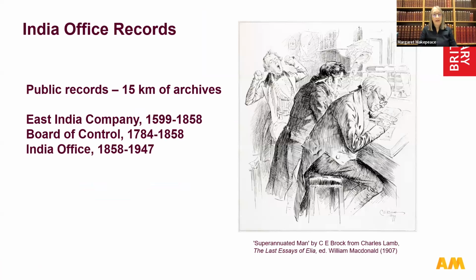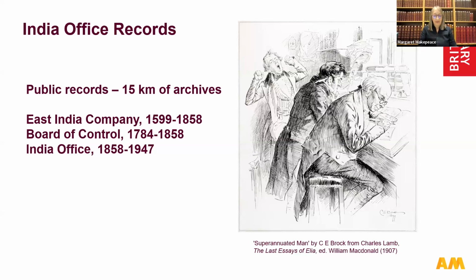They comprise mainly records of, first, the East India Company, 1599 to 1858, a commercial enterprise which was transformed into a sovereign power, controlling a large part of the Indian subcontinent. Second, the Board of Control, 1784 to 1858, a British government body set up to oversee the East India Company's political and military affairs.